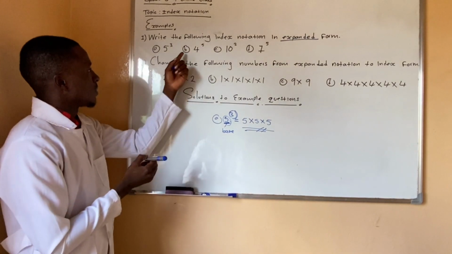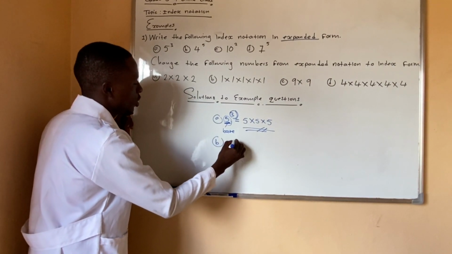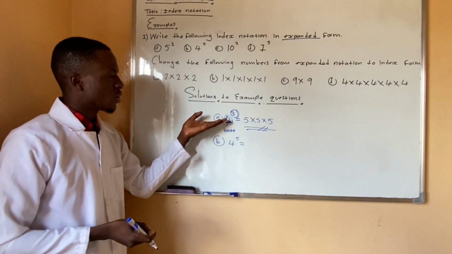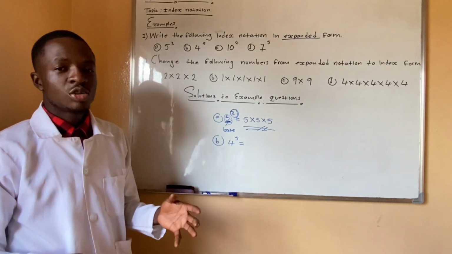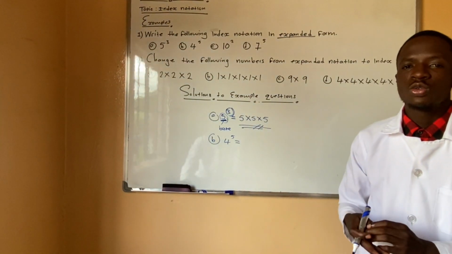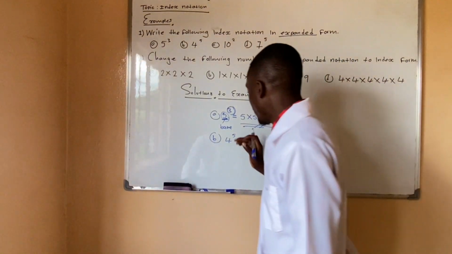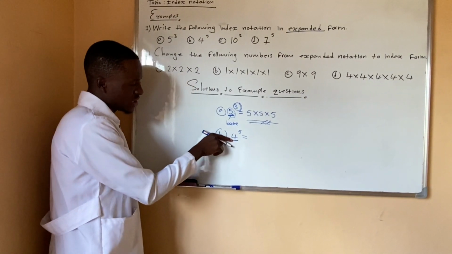Very simple. Question B is saying 4 to the power 5. Having answered the first one, how can we answer the second question? Try to pause this video, try to answer this question, then come back and replay to compare the answer. For this one, what is my base? My base is 4.